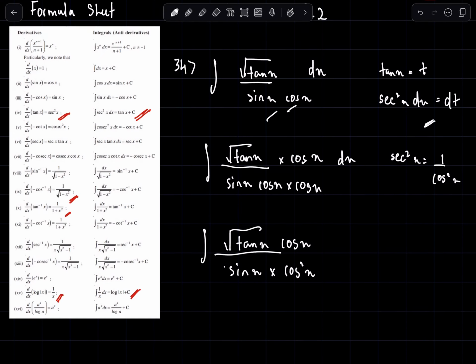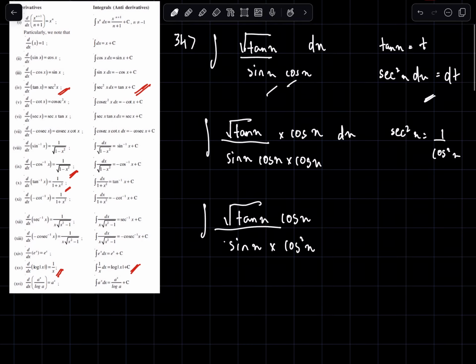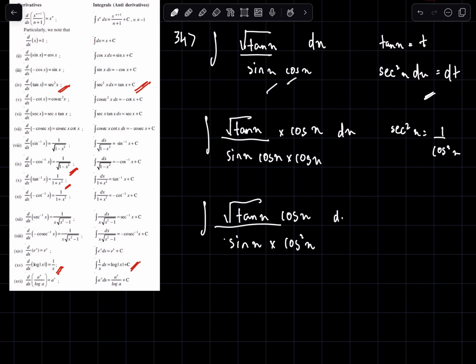Simple. So I got my 1 over cos square x, which should give me what I want, okay? So I have root of tan x, cos x, secant square x, because I'm bringing this to the numerator, by the way, dx.